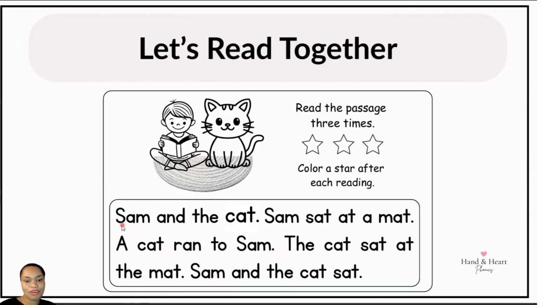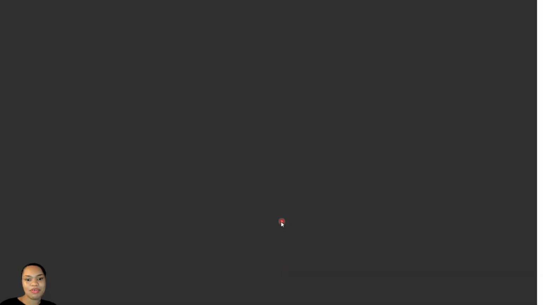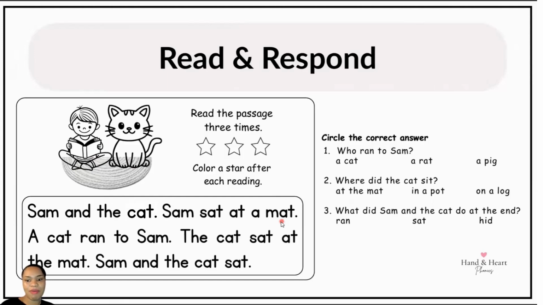One more time, this time on your own. Wonderful work. If you need to read it again, you may pause and read it again. If not, let's move on to the read and respond.